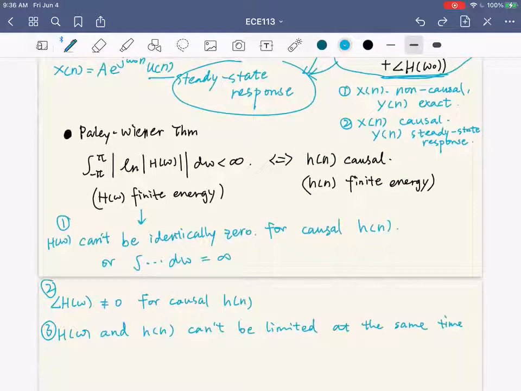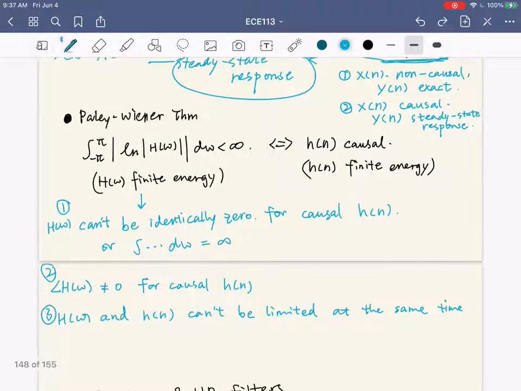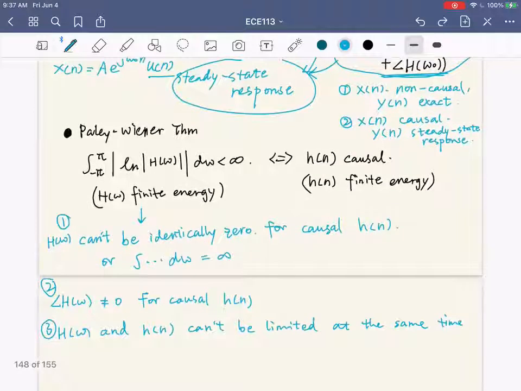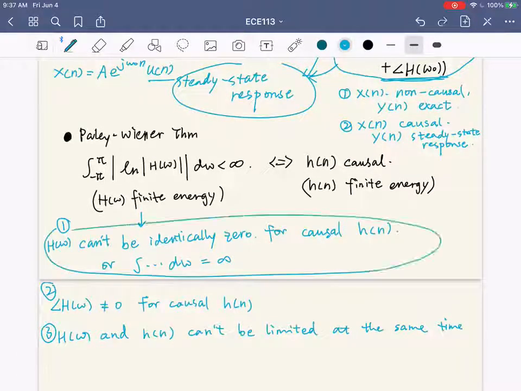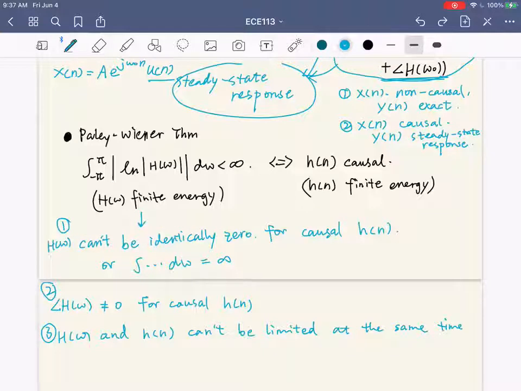Maybe it is zero at the first time frame, but later it will be different. Another important conclusion is this: H of omega cannot be identically zero for causal h[n]. What does it mean by identically zero? Let's say we have an h[n], and then we turn it into an H of omega.